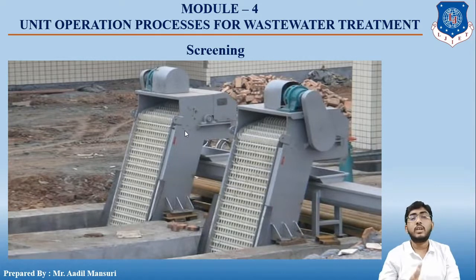So if screenings formed are 0.05 meter cube per million liters, for a wastewater treatment plant with 50 million liters of flow of wastewater, then the total daily amount of screenings removed will be 50 into 0.05, which is approximately equal to 2.5 meter cube.